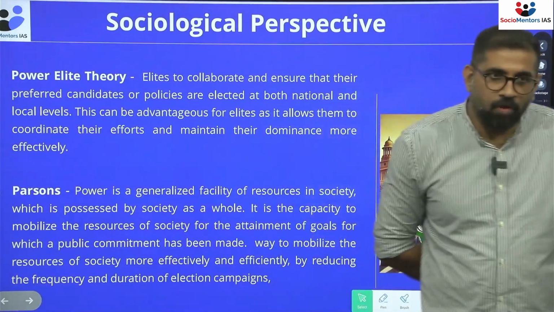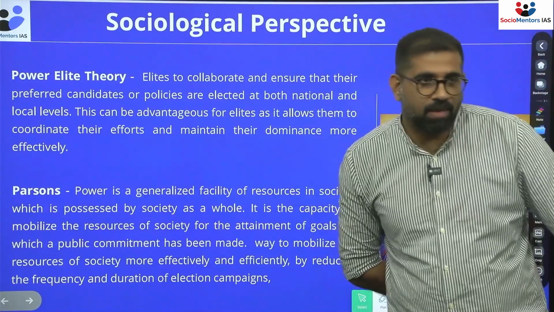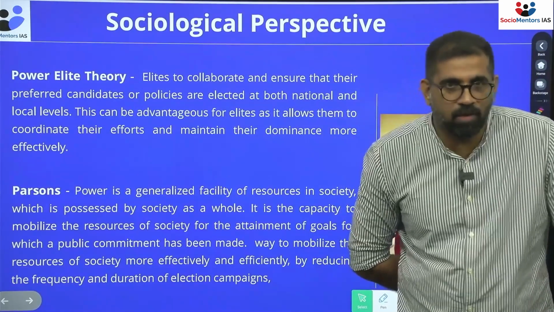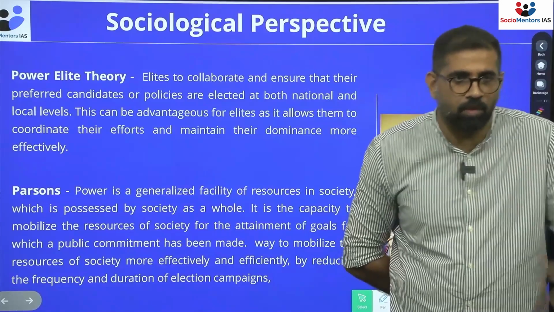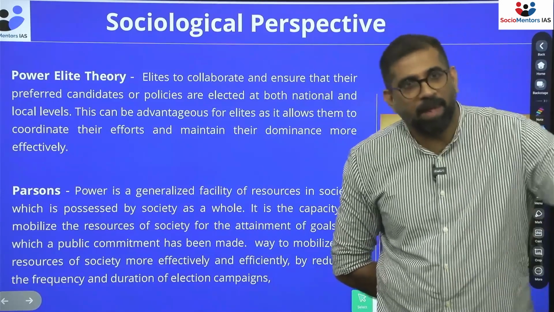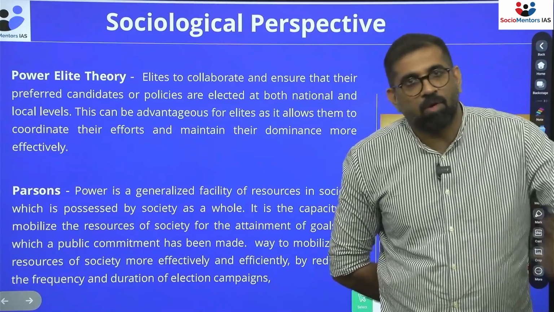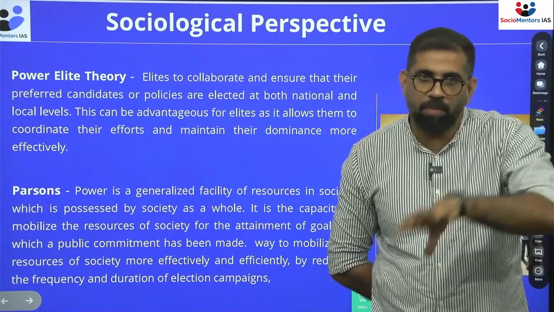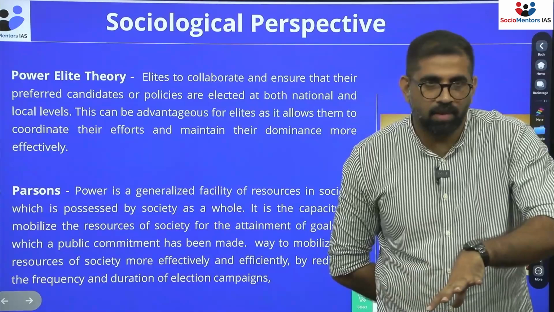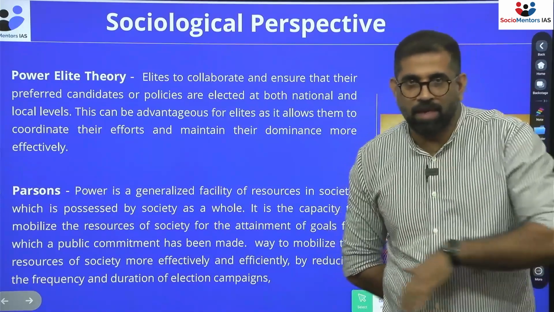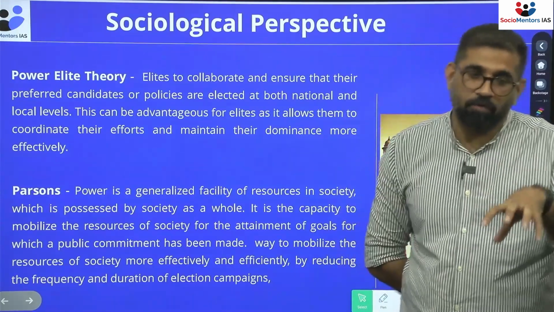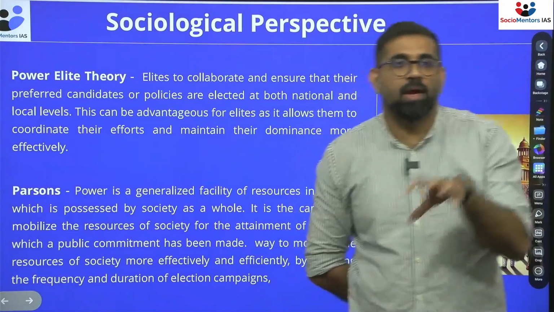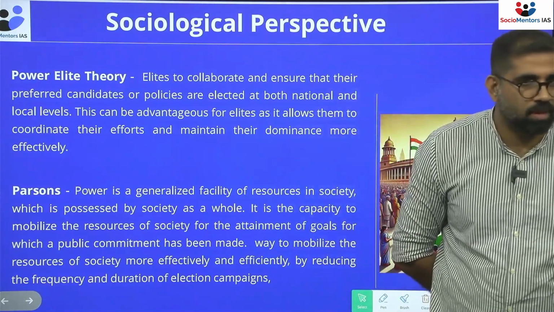Classical elite theorists focused on the personality traits and characteristics of the elites, and the later elite theorists focused on the institutional aspect, especially C.W. Mills, right? So, combining all this, one common thread of power elite theory is that a group of elites hold power in society, right? Irrespective of any other factor, there is a group of elites who actually hold and control the society.